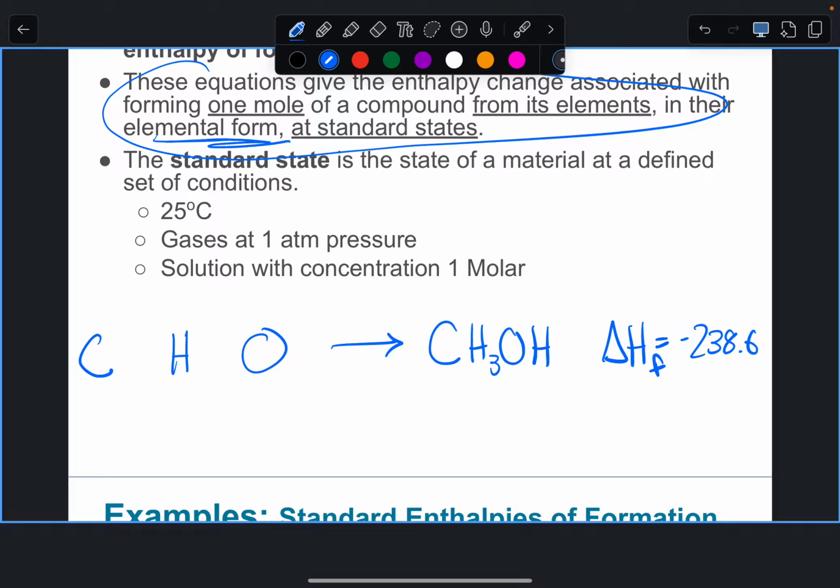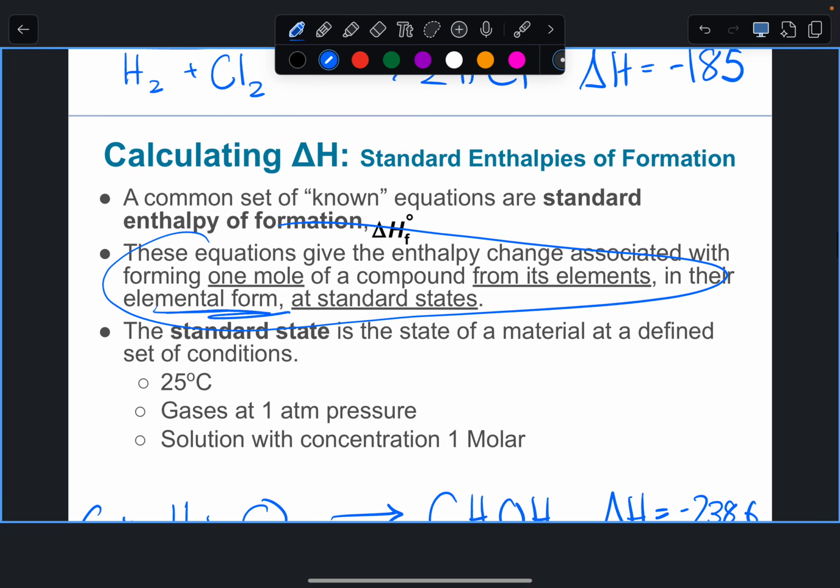So elemental form means if it's diatomic, you need to make sure you write it as diatomic. If it's not, then don't. Just write it by itself. So carbon should just be by itself. Hydrogen and oxygen are both diatomic elements, meaning if they're by themselves, they come in a pair. They won't just come H or O. If you forgot which ones those are, starts with hydrogen, then picture the periodic table.